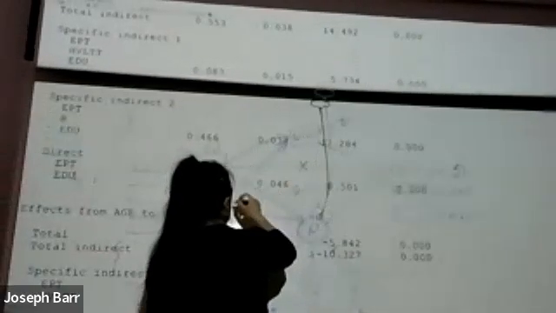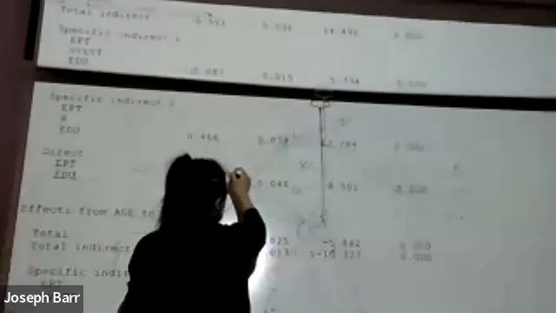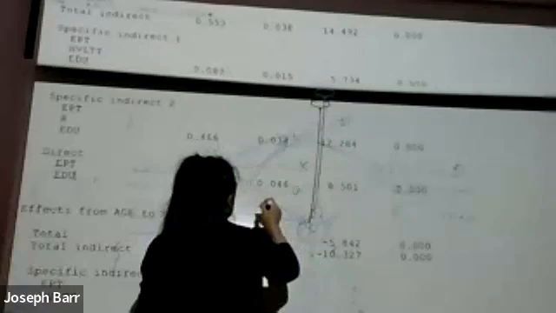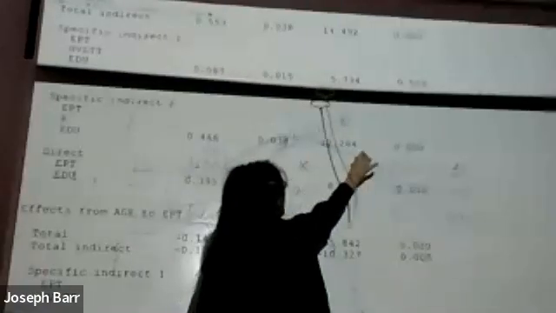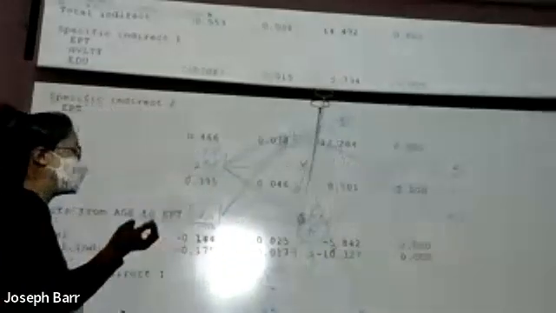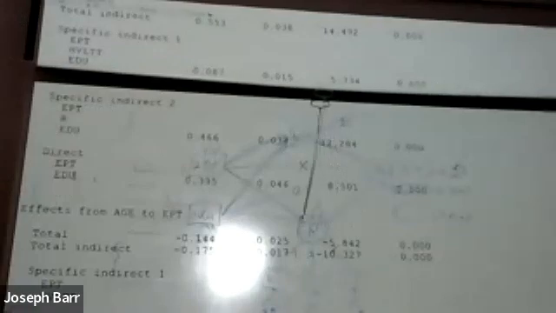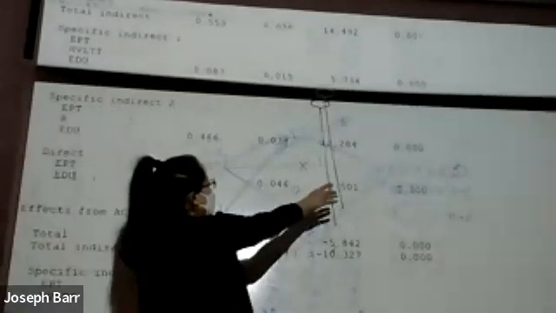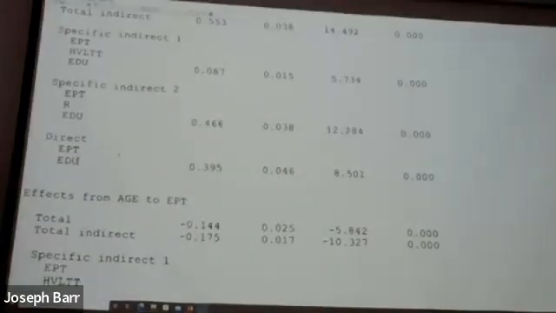The mediation effect from here to here is significant, and this is significant too. So there is a mediation effect. HVLTT and R, the reasoning ability, actually mediated the effects from EDU to EPT, because all of these are reported as less than 0.05, so they are significant.